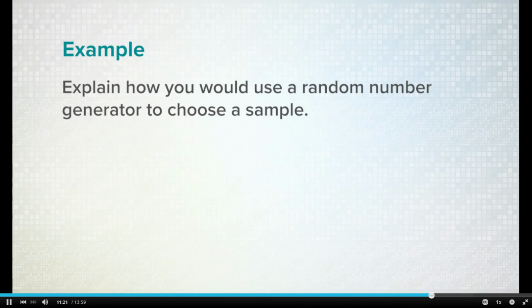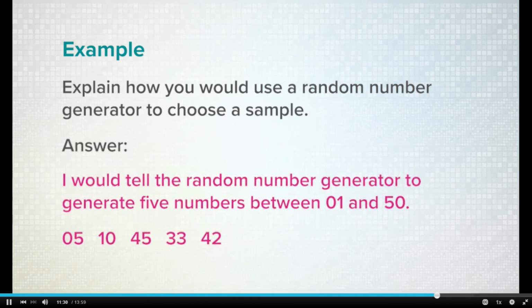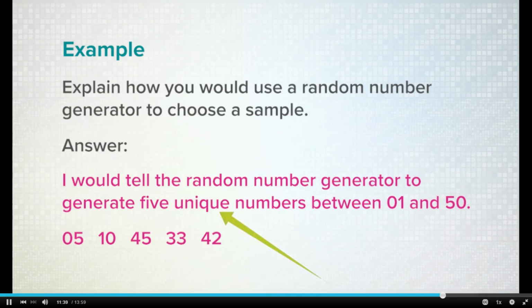The only difference is that instead of using the table, you just explain what you would do with a random number generator. You would say, I would tell the random number generator to generate 5 numbers between 01 and 50. Actually, you should say 5 unique numbers. Then you don't have to talk about ignoring numbers out of the range and repeats.